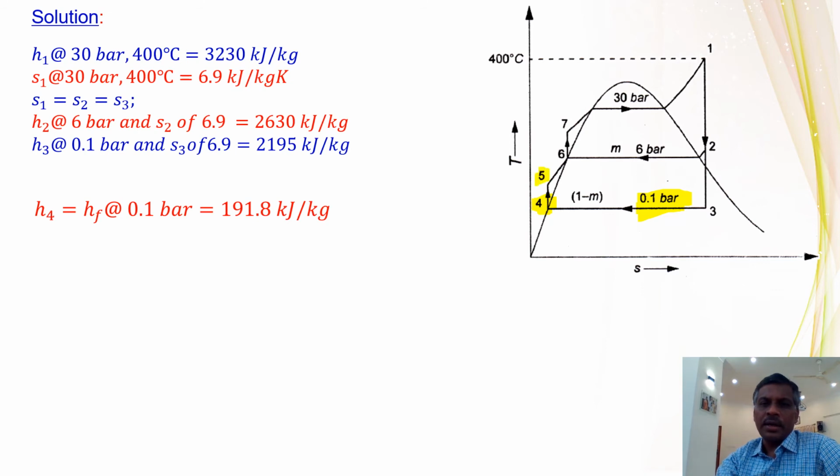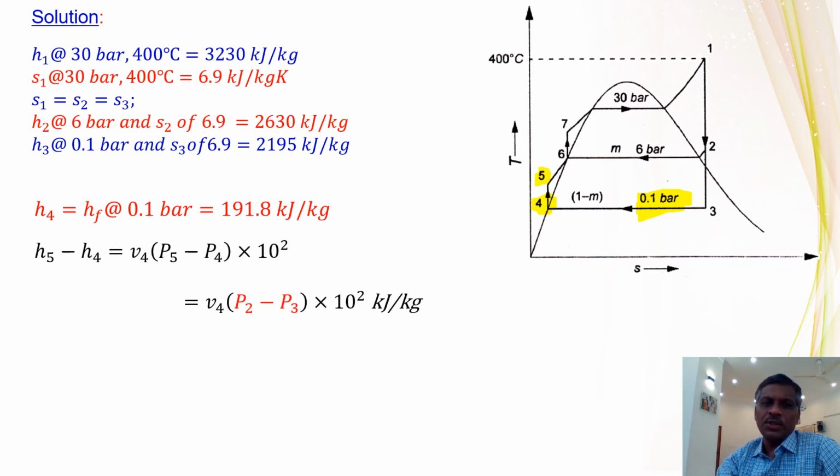Then we need to calculate H5. 4 to 5 is your pump work. We have 2 pumps. So we have an equation in terms of enthalpy versus pressure. H5 minus H4 is equal to V4 into (P5 minus P4) into 10 to the power of 2, in order to convert from bar to kilonewton per meter square.